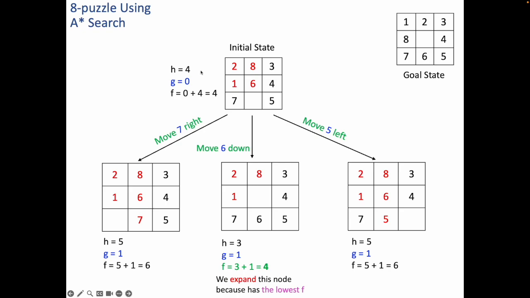6 is 1 move away, 1 is 1 move away. So this edge of 4 here, we calculated before, so are you calculating for this one now, or this one? So okay, for the initial state, the heuristic is calculating the Manhattan distance for each tile, right? So you correctly said, for example, 2 is 1, and 8 is, for example, 2, right?